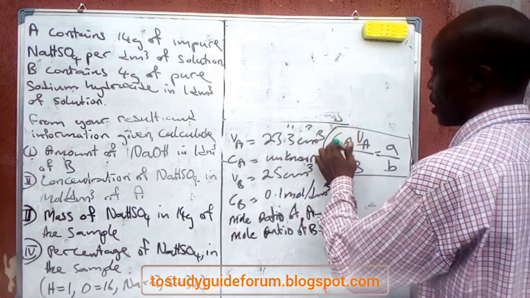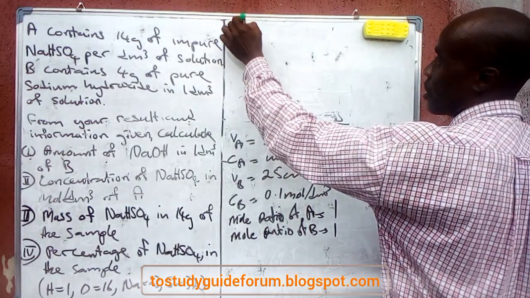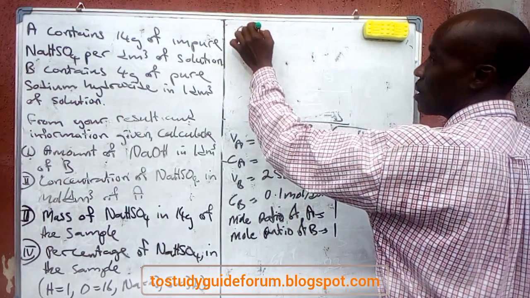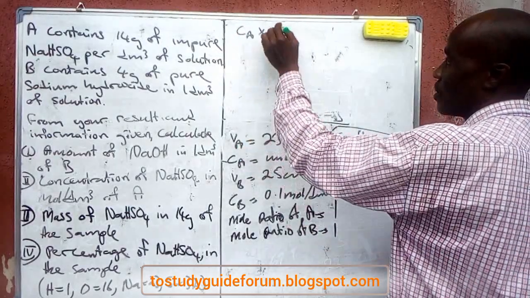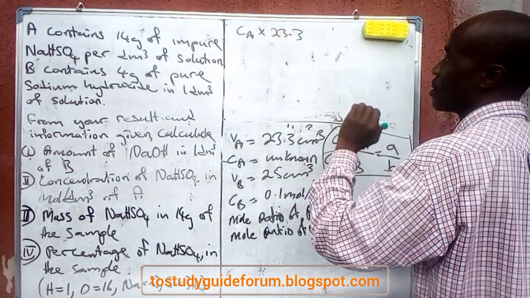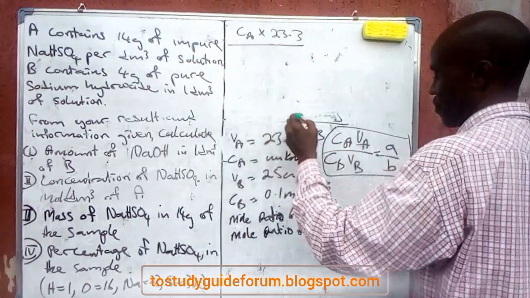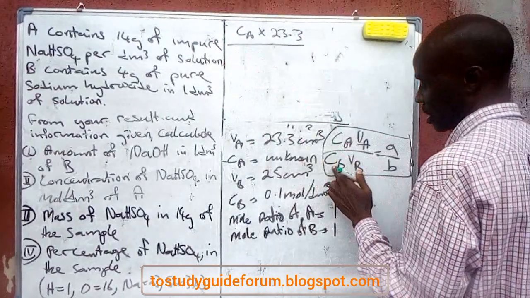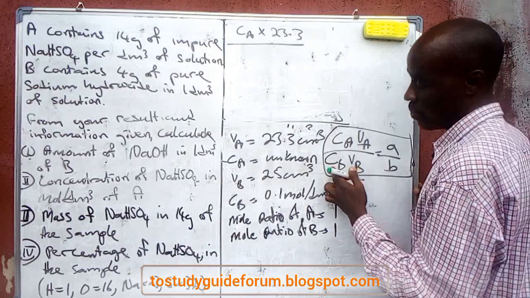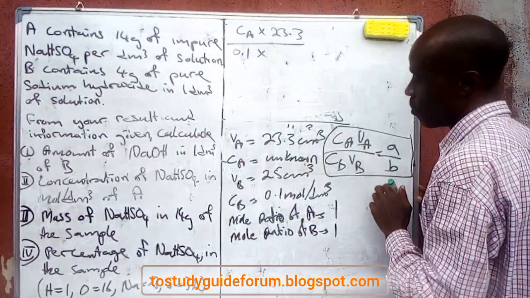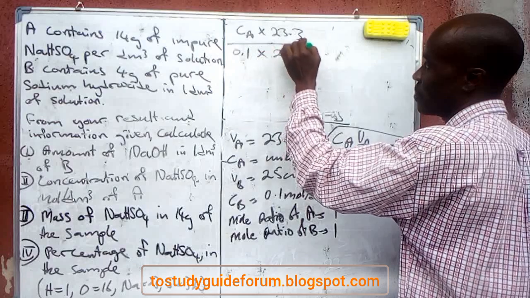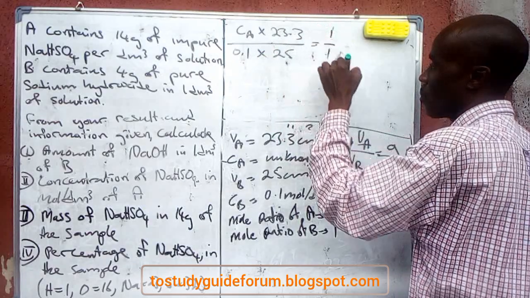So A is for what? The unknown, which is C times volume of A, which is 23.3, all over concentration of B, which is 0.1, times volume of B, which is 25, and the mole ratio is 1:1.